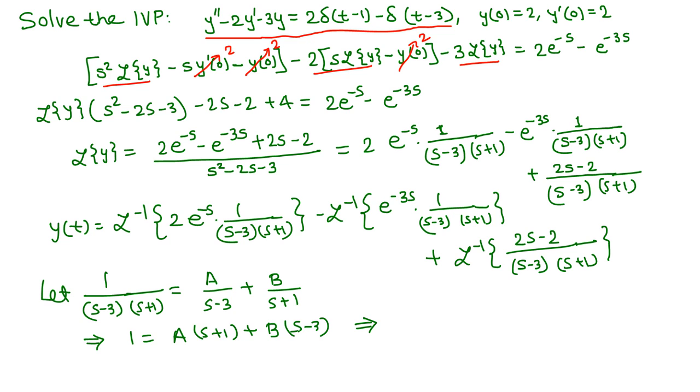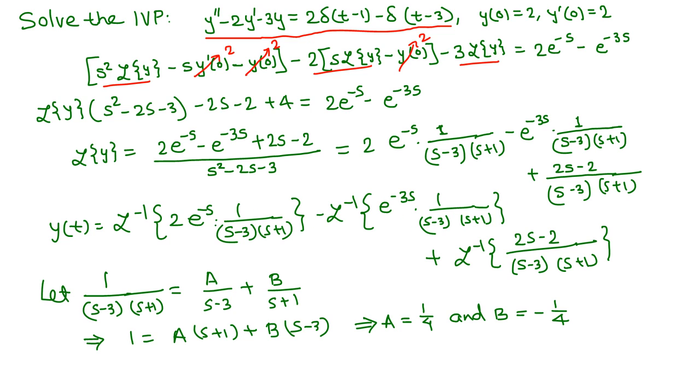If we take s equals 3, the 3 minus 3 is zero, it's gone, 3 plus 1 is 4, so 4A equals 1, so A equals 1/4. If we take s equals -1, -1 plus 1 is 0, this is gone, -1 minus 3 is -4, so -4B equals 1, so B equals -1/4.